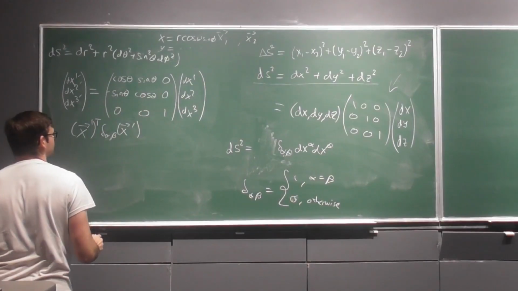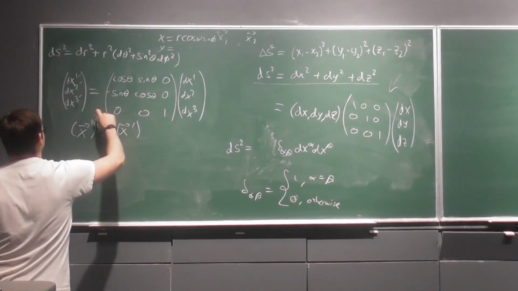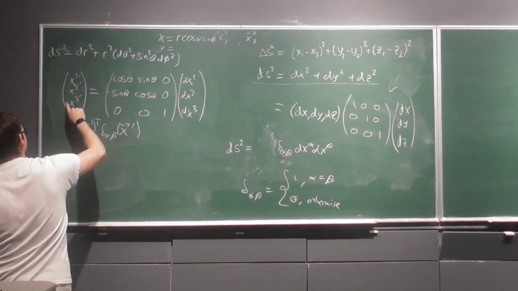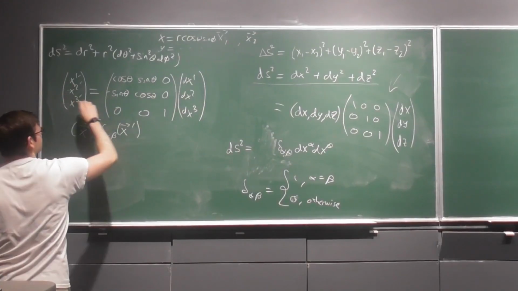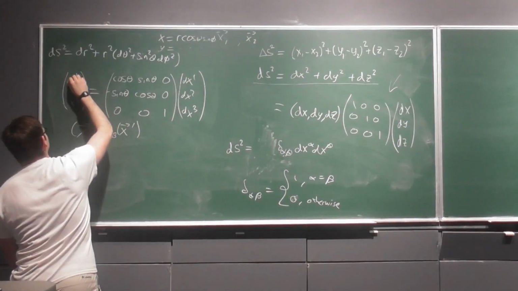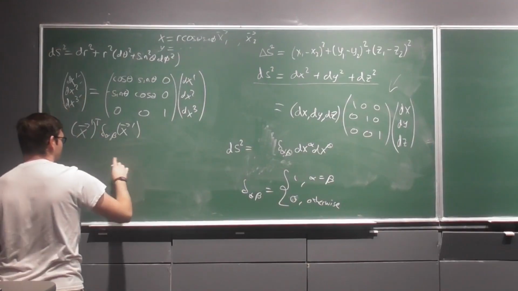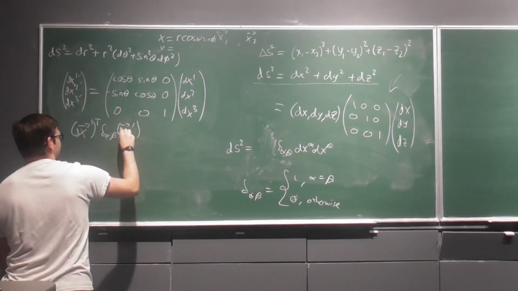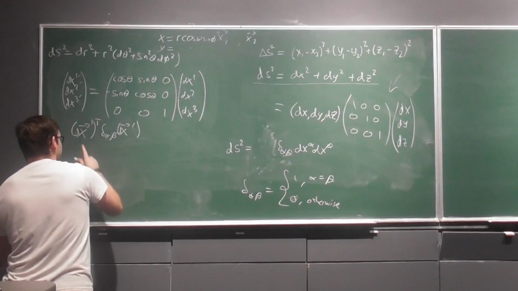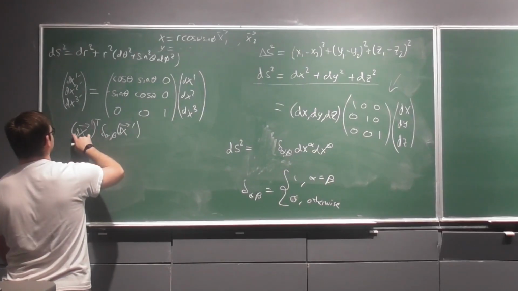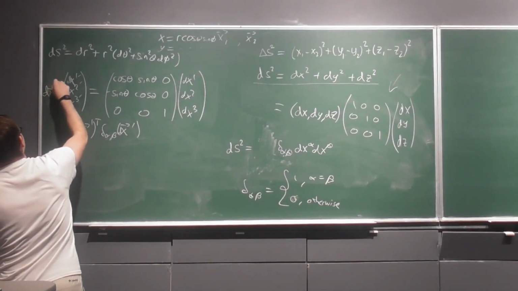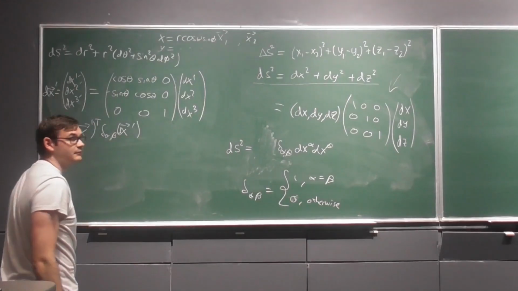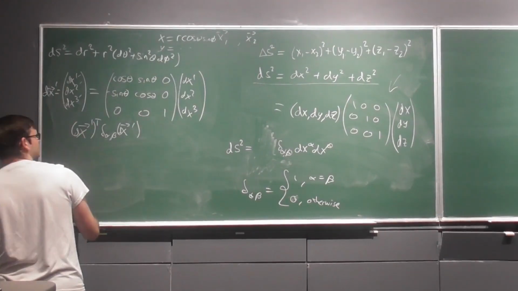Okay, so now these are differential vectors. Let's plug this in. So this is dx prime. And let me take the transpose of all of this.